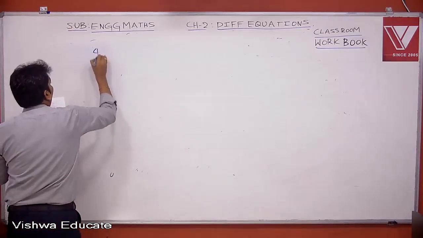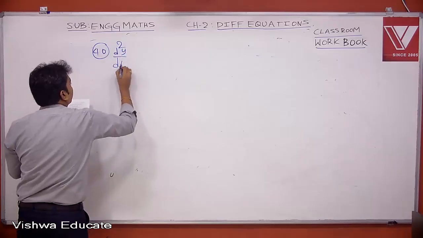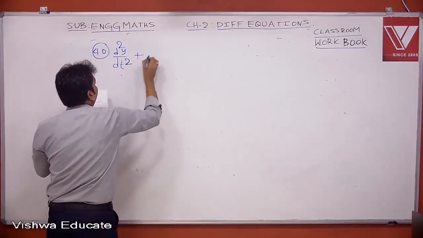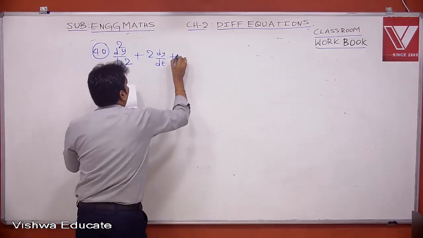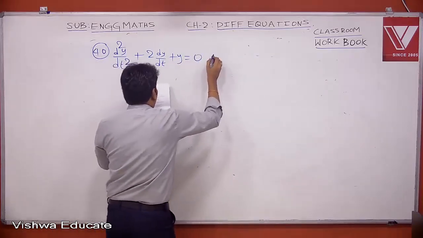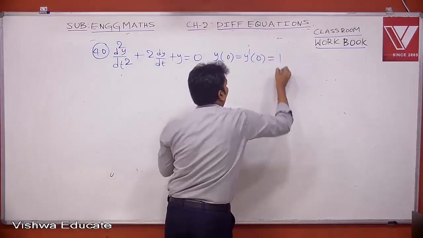The solution of d square y by dt square plus 2 dy by dt plus y equal to 0 with initial conditions y of 0 equal to y dash of 0 equal to 1 is.